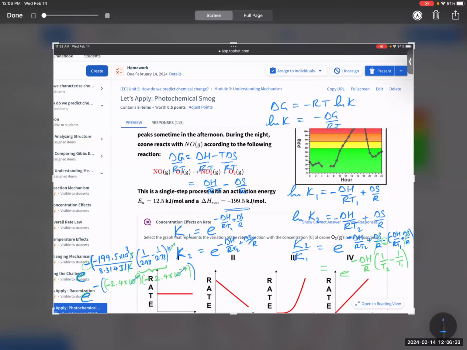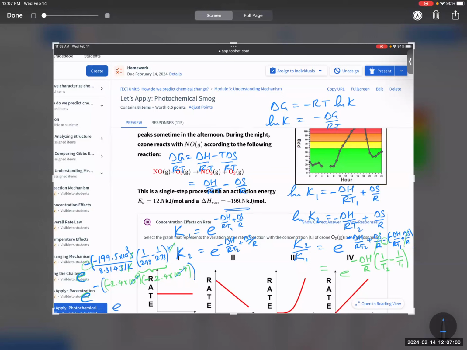It's 2.4 squared now, right? Negative 2.4 times negative 2.4, which is 5.76, is a positive number because negative times negative is positive. And then we still have the negative sign in front of that.